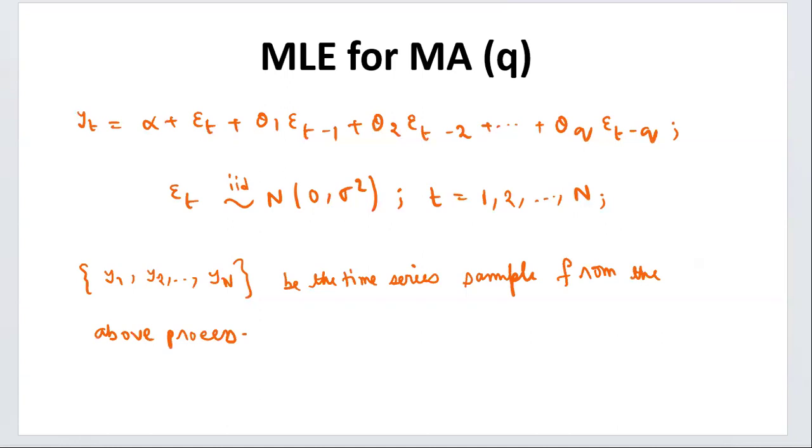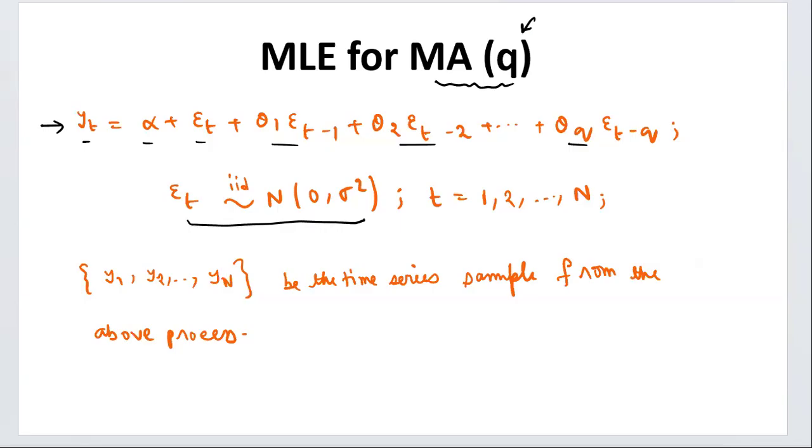I have written everything for you, and now I'll take you through the steps. Let us see how we can find the MLE for the MAQ process, the generalized version of MA. The general form is: Yt is alpha, epsilon t, theta 1 epsilon t minus 1, theta 2 epsilon t minus 2, up till theta q epsilon t minus q, where the epsilon t's follow a normal distribution.